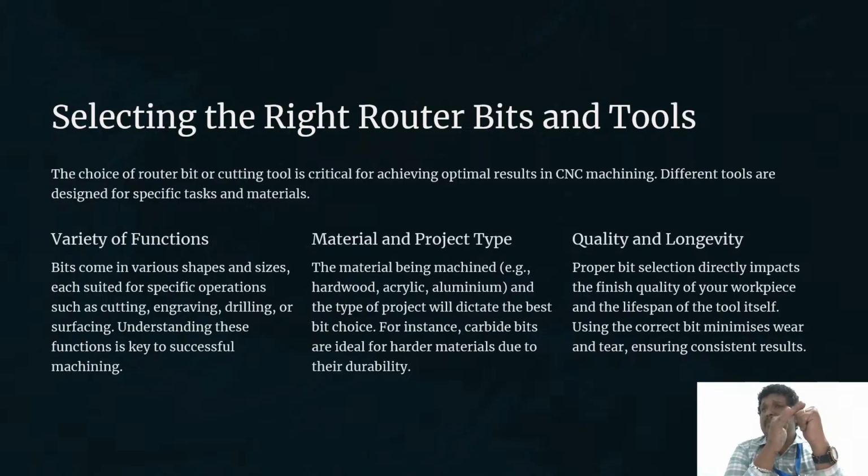Whatever material we use, we can use silver, copper, brass, gold. Whatever material you want, we can use in the CNC machine. But for each material, we cannot use the same cutter, end mill cutter, or whatever cutter it is. We cannot use the same cutter for different materials.